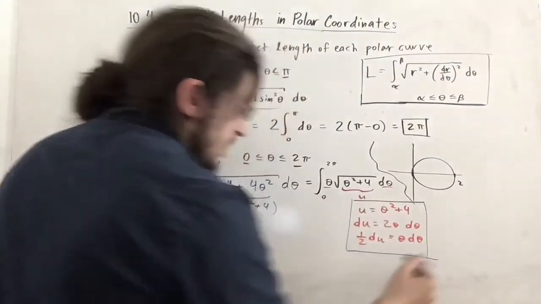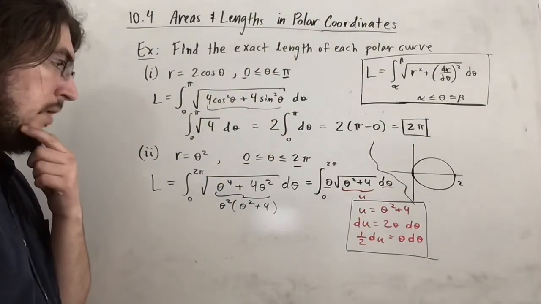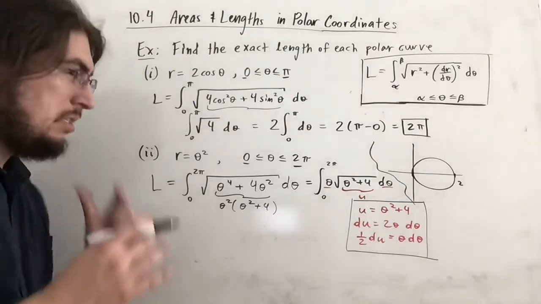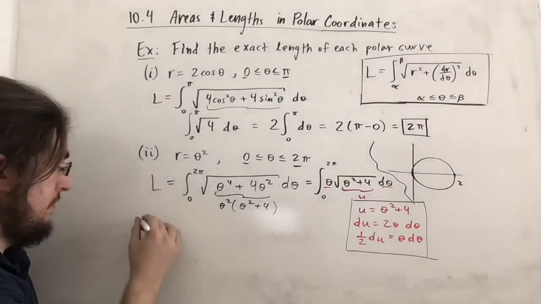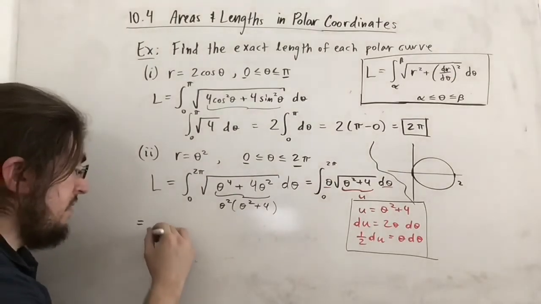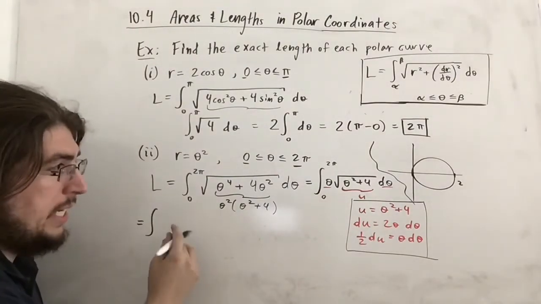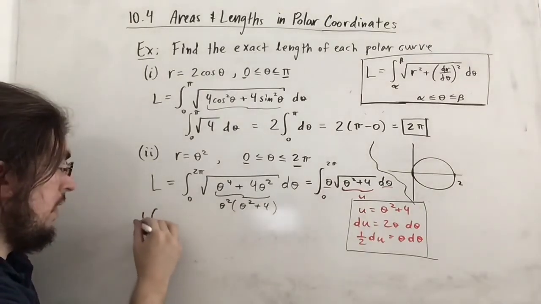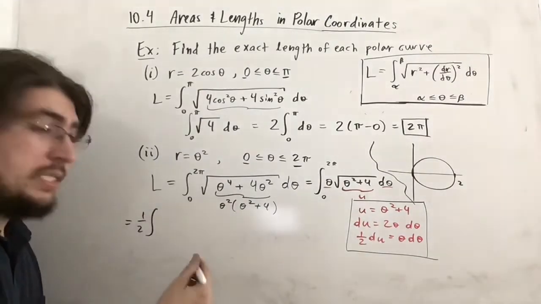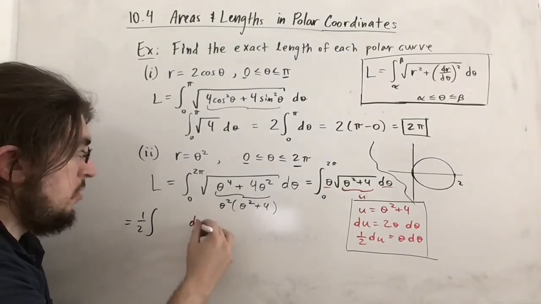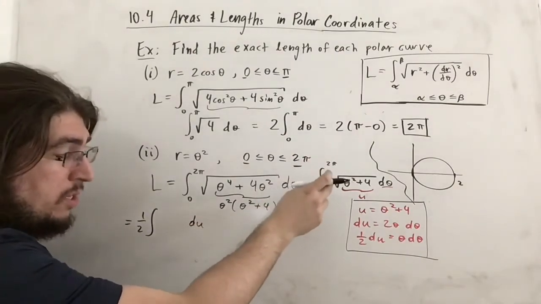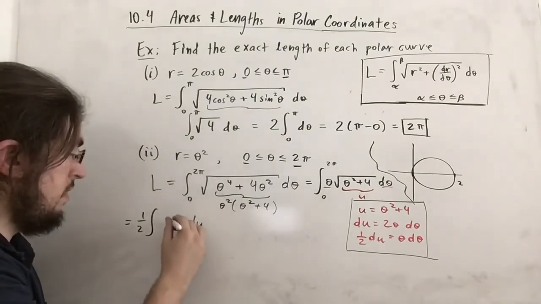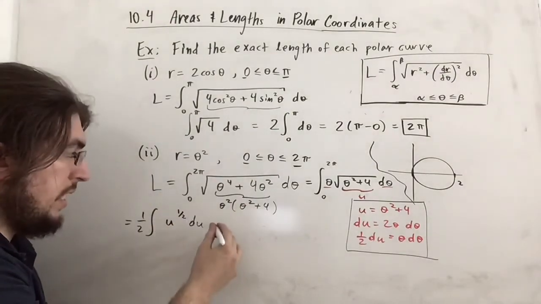We'll have to change some limits here. We may need to erase for space, but that's to be seen. Let's see. So now we have the integral. I'll change the limits in a second. The theta d theta is replaced with 1/2 du, so I'll pull the 1/2 outside of the integral, of course, because it's a constant. And it'll have du, and it'll have square root of u, but I'm going to write it as u to the 1/2, so we can antiderive more easily.